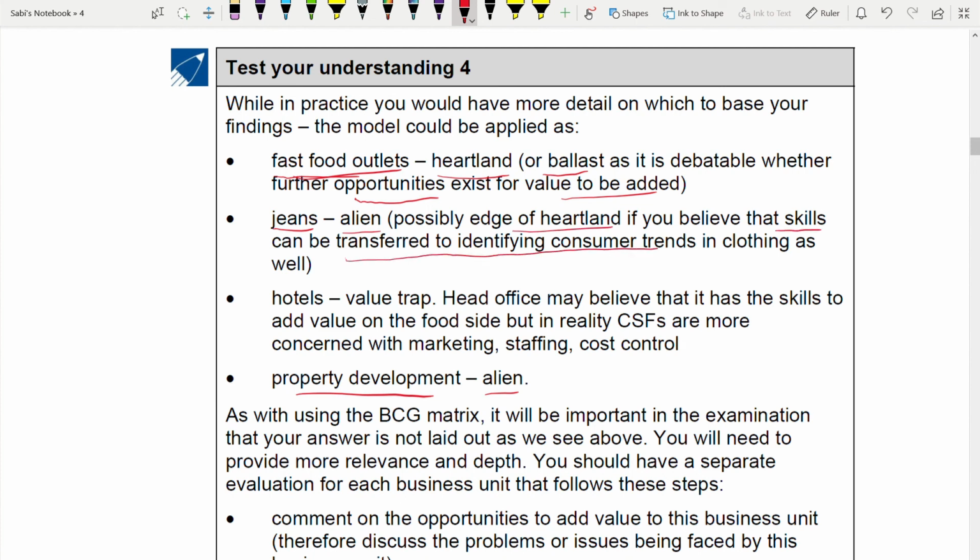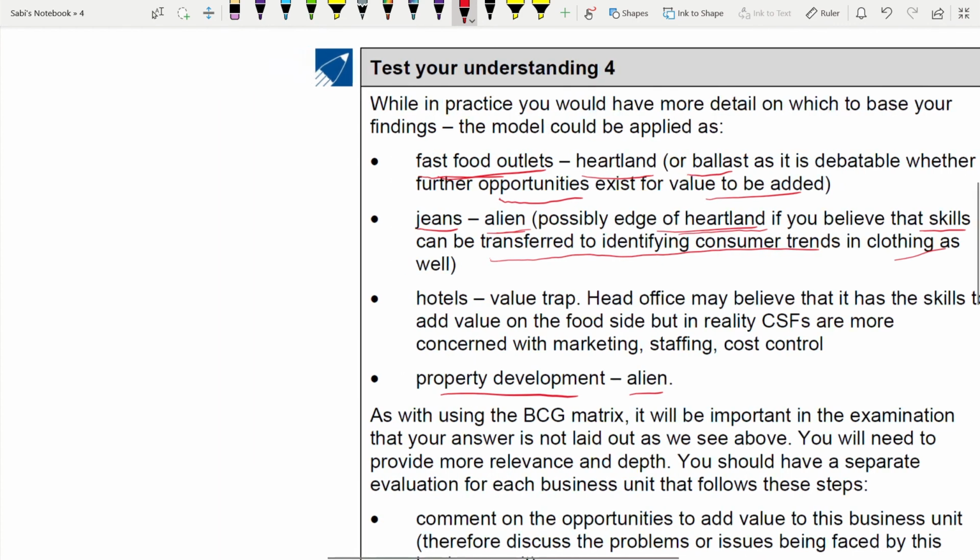The parent has a skill in identifying consumer trends, so if they can transfer that to jeans also, you can say they could be at the edge of the Heartland in clothing as well, because currently they are in food. Otherwise it's an Alien because they're totally unrelated, so they cannot add any value, neither do they have the opportunity. Coming to property development, it's the same thing, because it's a depressed market currently.